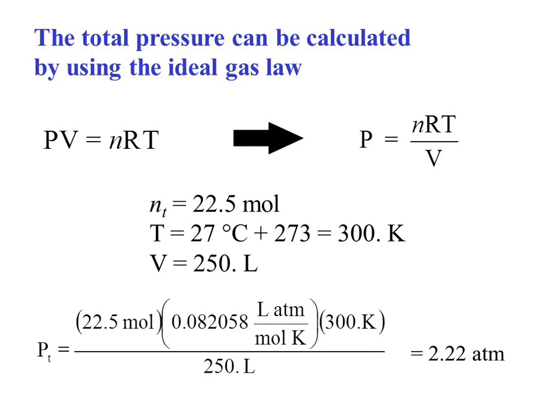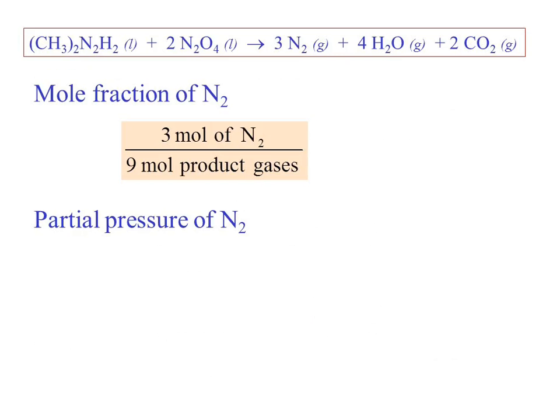So to get the partial pressure of nitrogen, which is the next thing, all we've got to do is calculate the mole fraction of nitrogen and multiply it times our total pressure. If we go back to the stoichiometry, oh yeah, that's right.